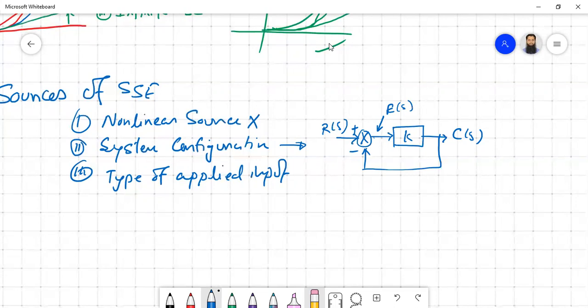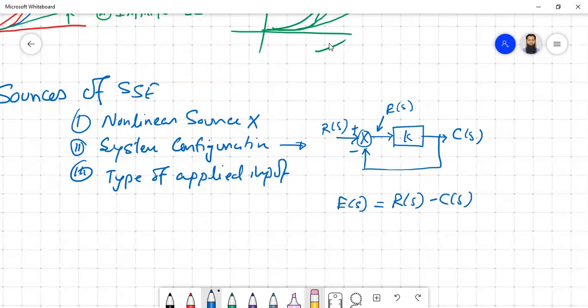At that point, what is the difference between the input and the output? In this case, our error is definitely the difference between R(s) and C(s), no question.